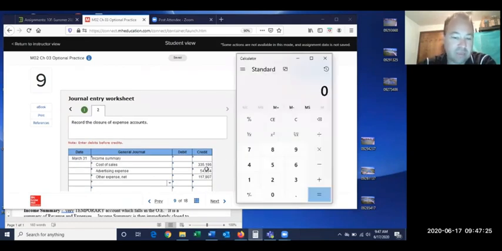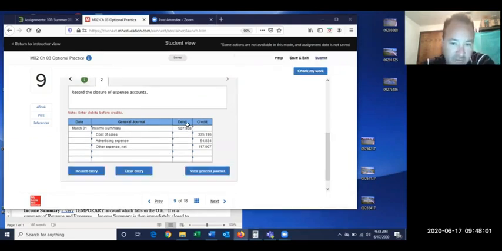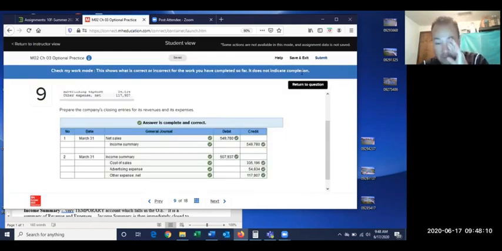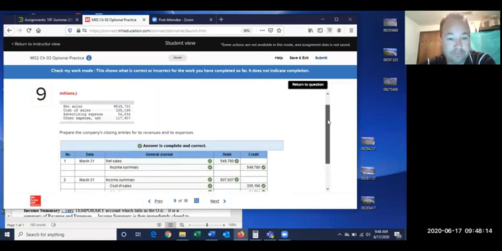Our debit has to be the total of all of these for our income summary debit. Easy. We got 507,937. Now let's check it, make sure that looks right. There we go. Yep, we are good.